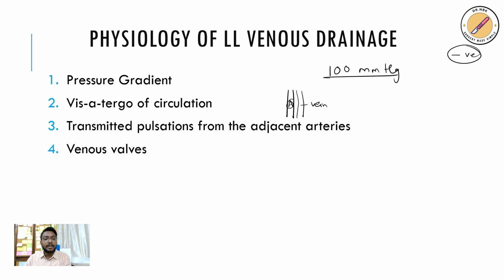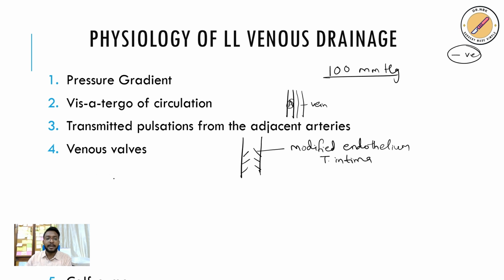Then the other one is the venous valves. The veins have got so many valves present in the lumen of the vein. This valve is nothing but a modification of your endothelium, or in other words your tunica intima.